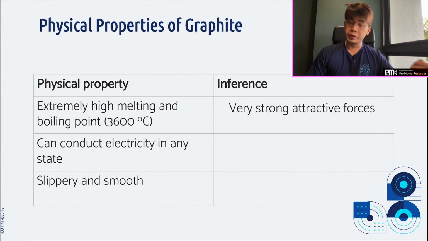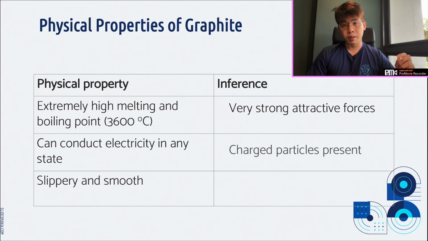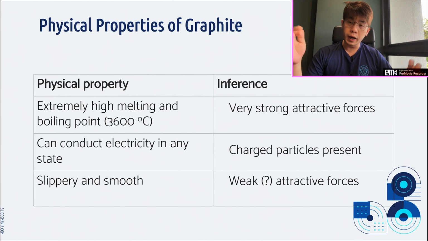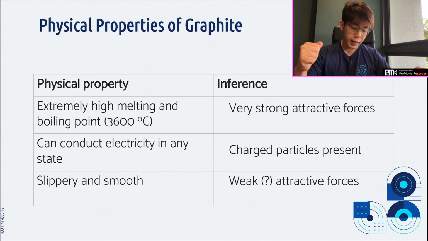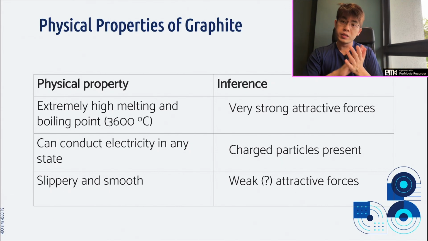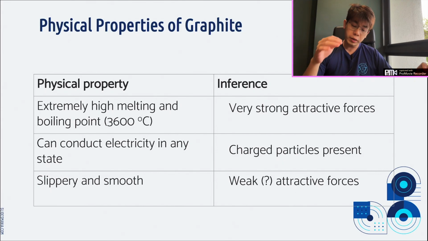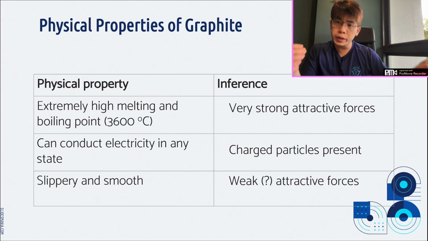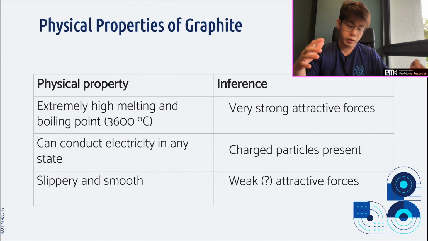Graphite can also conduct electricity in any state, which means that there must be some sort of charged particles present, and we will find out what these charged particles are. But although it has a high melting and boiling point, unlike diamond, which is hard, graphite is actually soft, slippery, and smooth. So that means while there are strong attractive forces, there are also weak forces available in the graphite, such that it's also slippery and smooth.